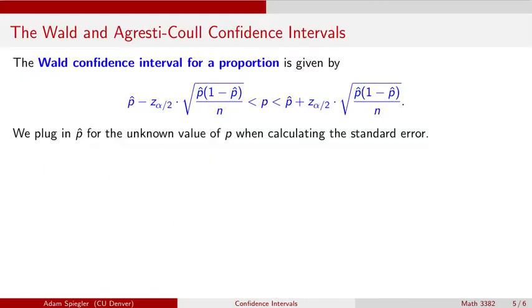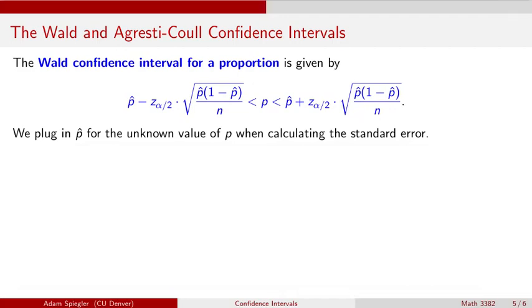So let's summarize the method that we used to construct this confidence interval in the previous example. This method is what's called the Wald confidence interval. And for this method, the tricky part is we want to approximate this standard error. So the Wald confidence interval says we are going to plug in p hat in place of p when we are trying to estimate what the value of the standard error is.